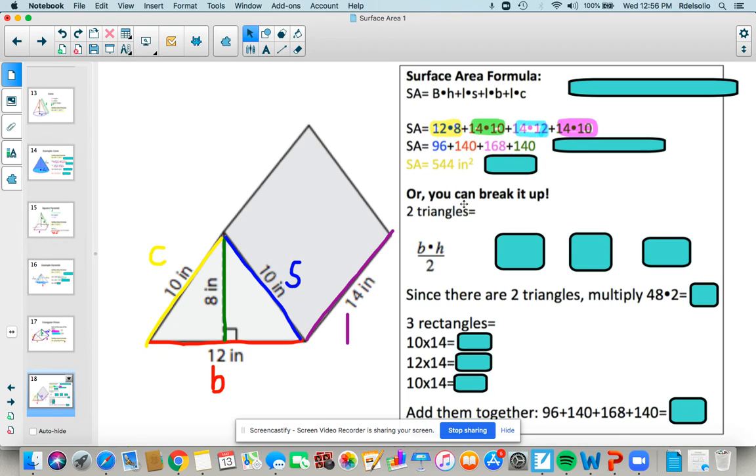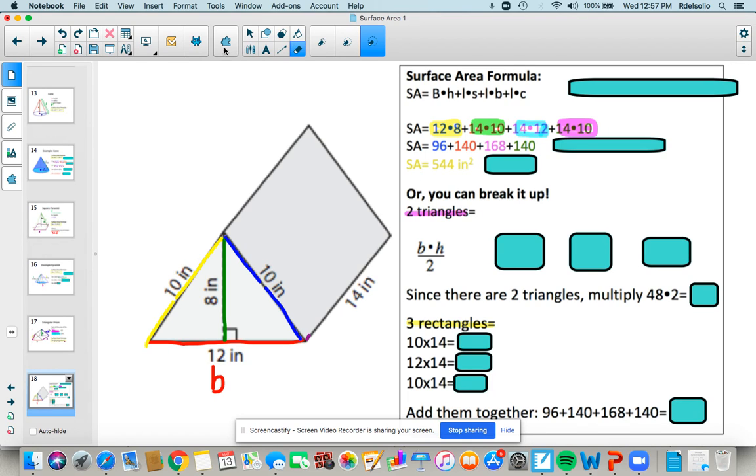I mentioned that this figure is made up of two triangles and three rectangles. We know that the area of a triangle is base times height divided by two. If we're just focusing on the triangle, I see a base of 12 and a height of 8.